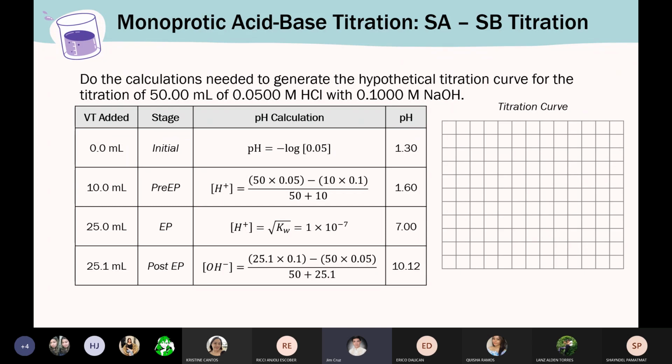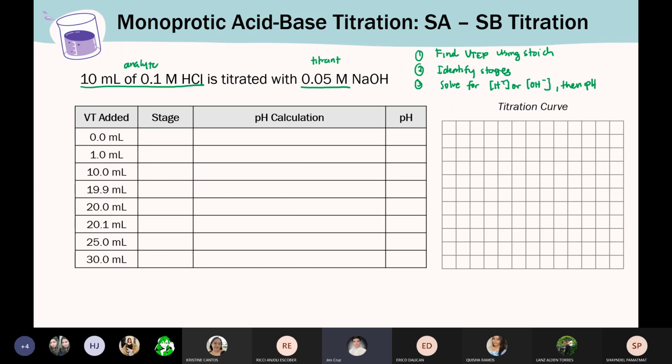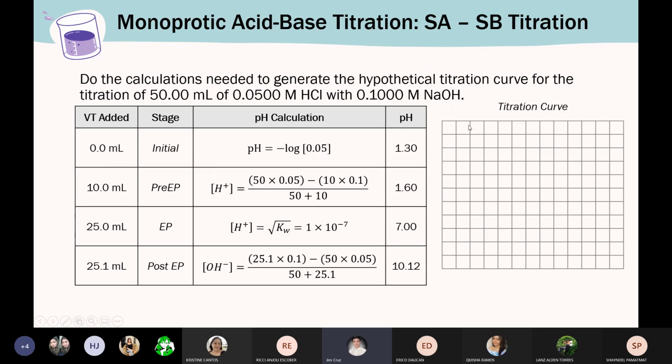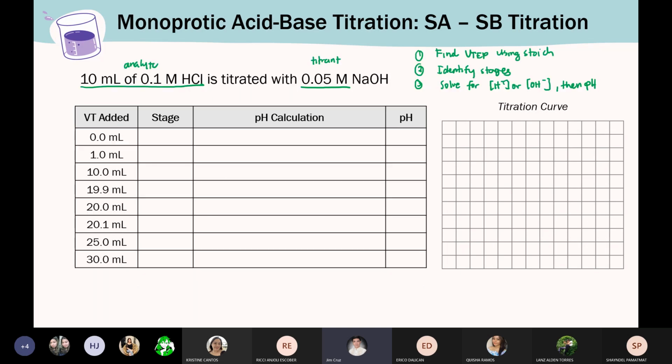So, take a screenshot. 5, 4, 3, 2, 1. Okay. Babalik ko na dito, ha. Pag di nakuha, ito ulit. Okay. So, yan.